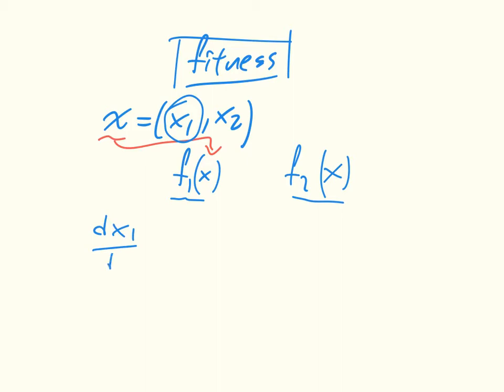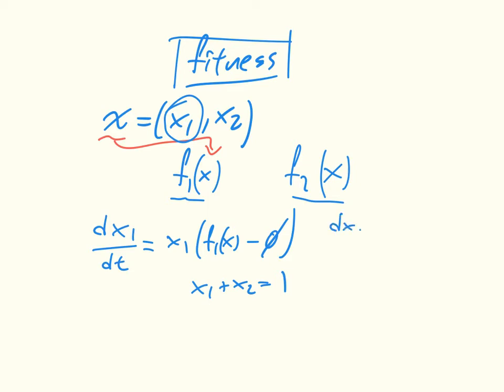And so we have dx1/dt is going to be equal to x1 times (f1 of x minus phi), which is this thing that just ensures that we have x1 plus x2 equals 1. So we keep that. And we also have dx2/dt is equal to x2 times (f2 of x minus phi).